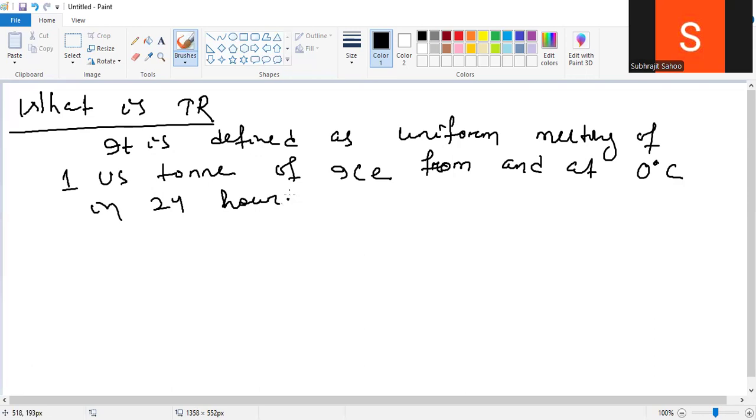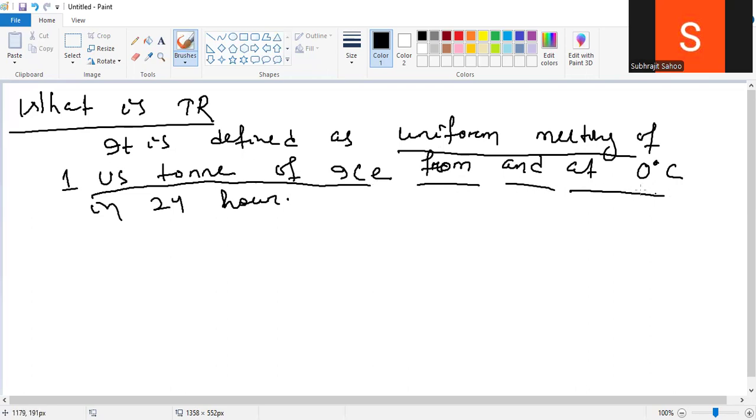From this, I can convert the TR value to kilojoule format or kilowatt format. Observe. What is the meaning? 1 TR value is what?